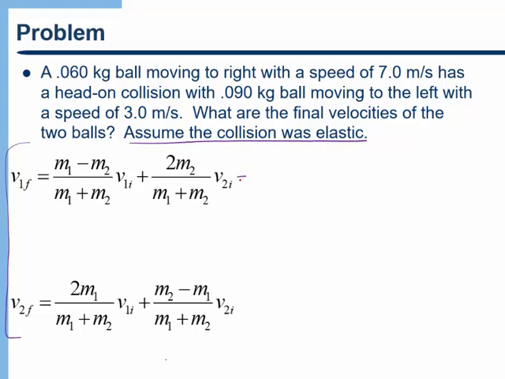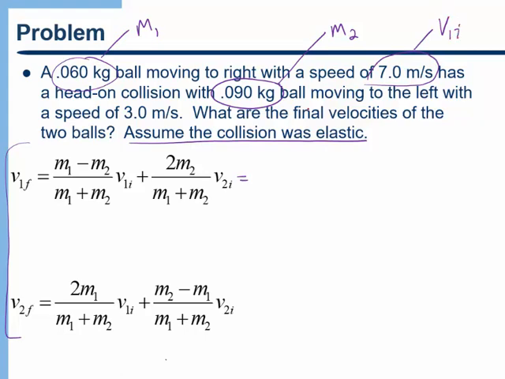Okay, so plugging in the values, I called m1 the 0.060 kilogram ball and m2 the 0.090 kilogram ball. Object 1 is moving to the right with a speed of 7 meters per second, so that's v1 initial.